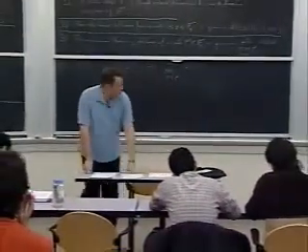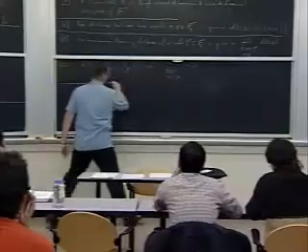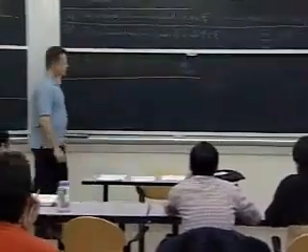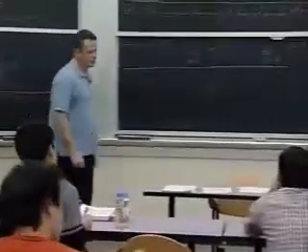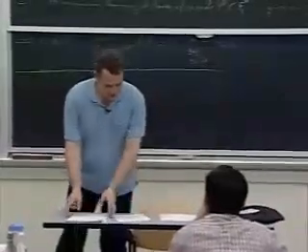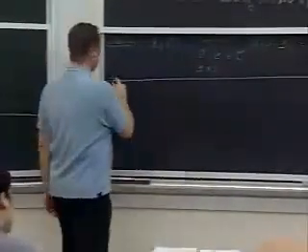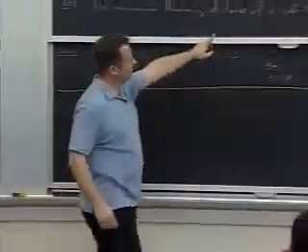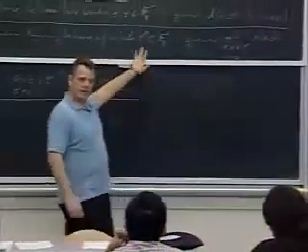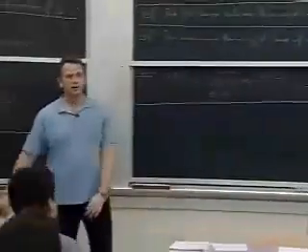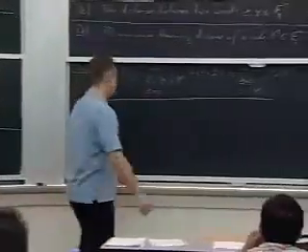What now is next? Generator matrix. This is not really in the notes, but I think it's important. C, the code here, is a subspace, right? It's a linear space. So it has generators, k generators.